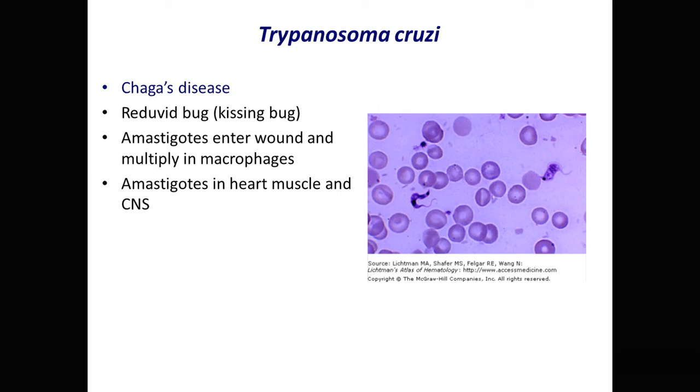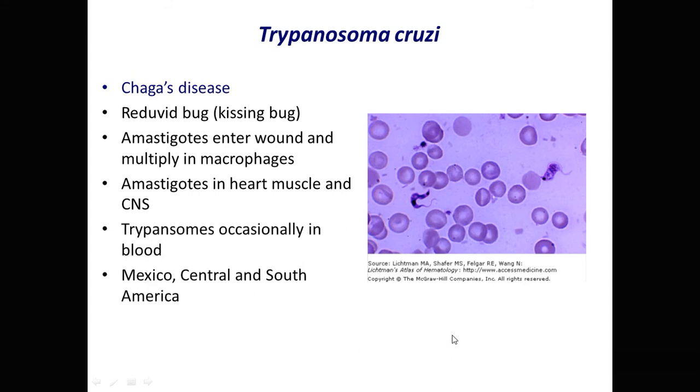And when the person scratches the skin, the parasites enter the wound, then they infect macrophages, and through macrophages can be taken to different parts of the body, including heart muscle and CNS.